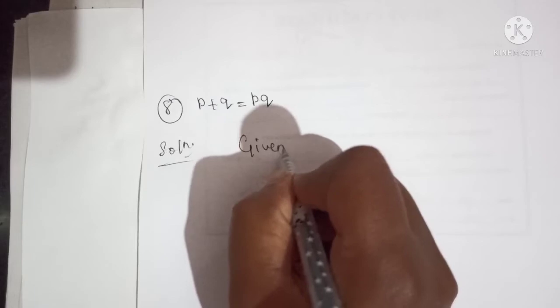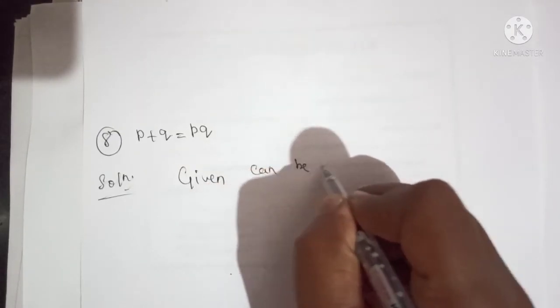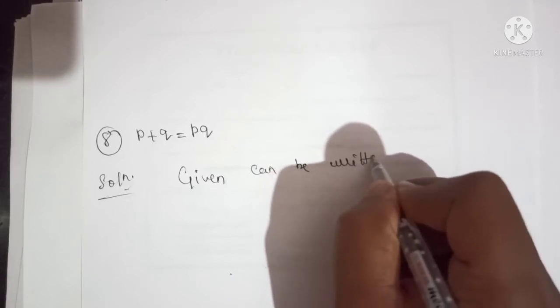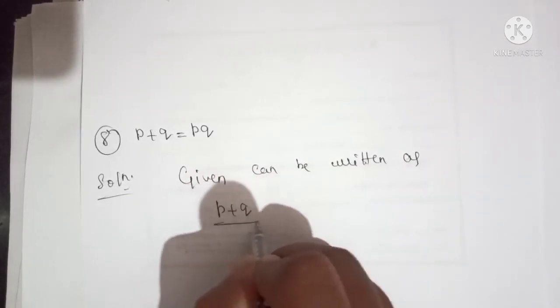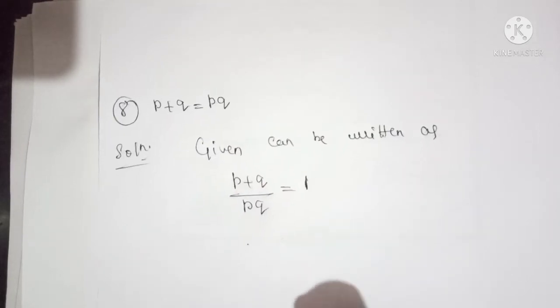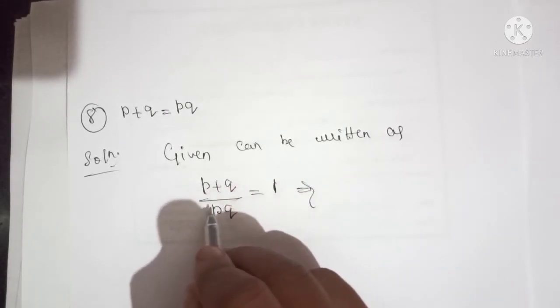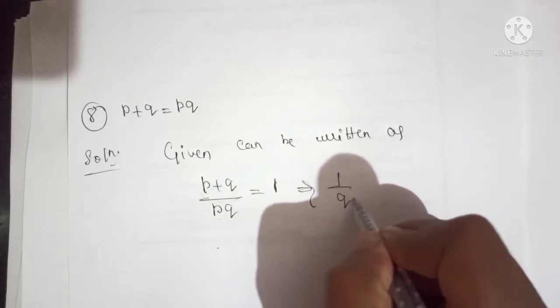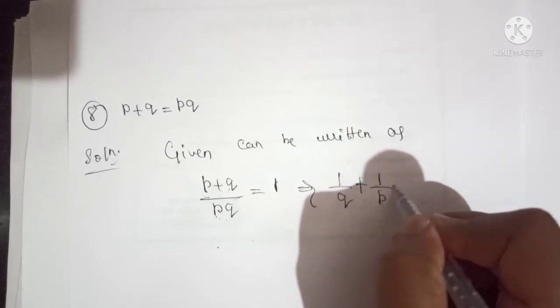The given equation can be written as p plus q divided by pq equals 1. So further it can be simplified: dividing by pq, p cancels, we get 1 by q, plus q cancels, we get 1 by p, equals 1.